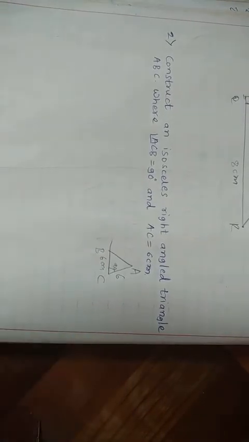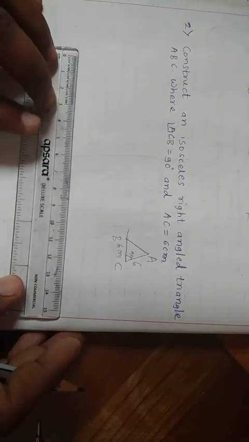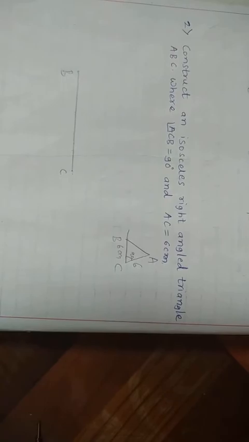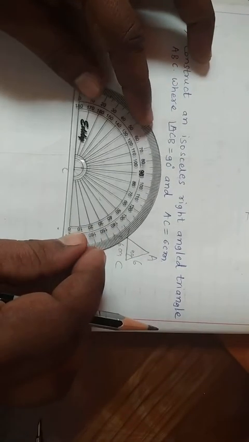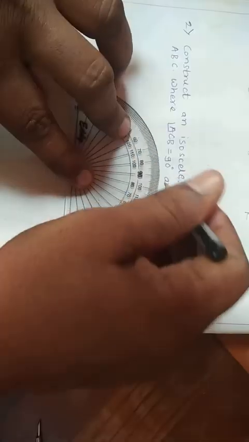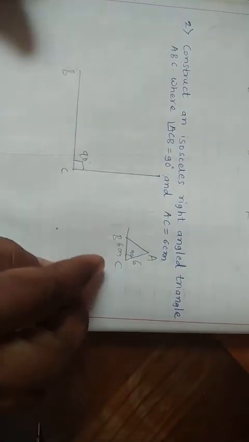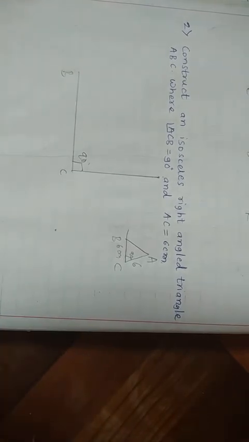So now using all these measurements we have to draw one triangle here, 6 centimeters, and this is BC. Now at point C we have to construct a 90 degree angle. Join both these points. And see students, AC is 6 centimeters.